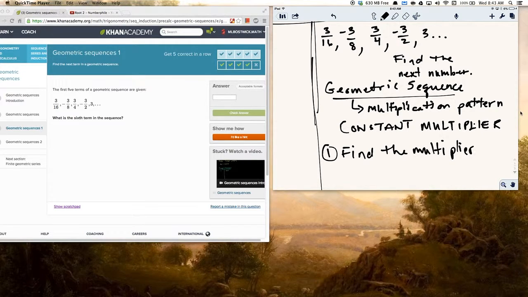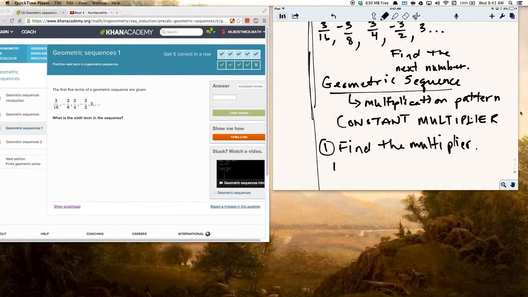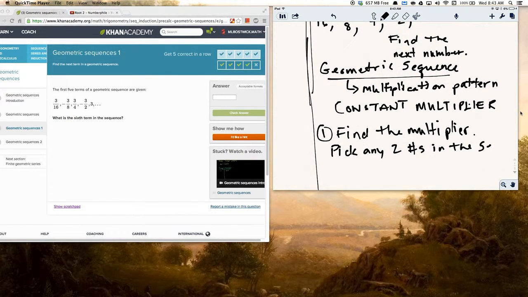So that's step 1. So you can pick any two numbers in the sequence that are next to each other. Okay, so find the multiplier.